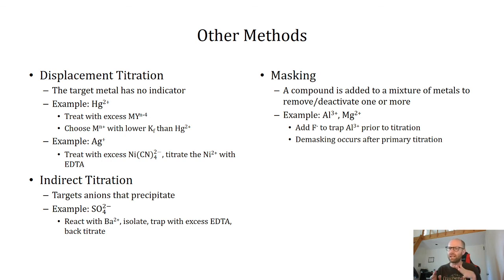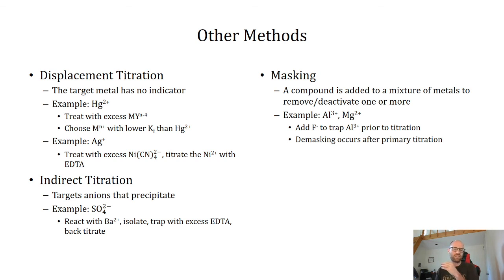Something else, like an indirect titration. This feels a lot like a gravimetric analysis almost. You can actually use metal ion indicators and EDTA to titrate to figure out anion concentrations. For example, you take a sulfate, you treat it with excess barium, like you guys did in the AP lab.